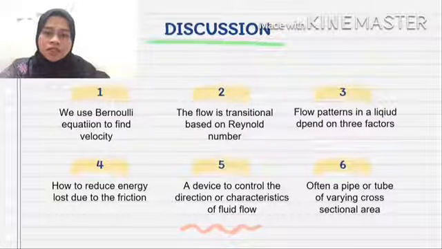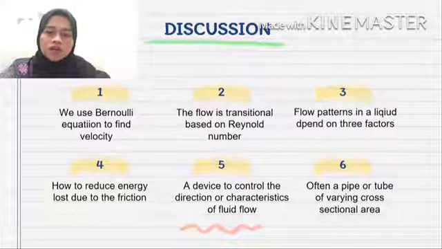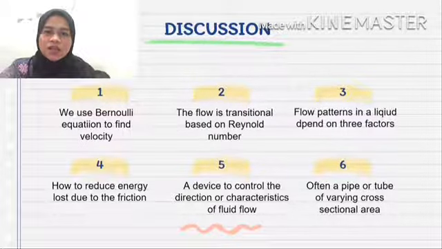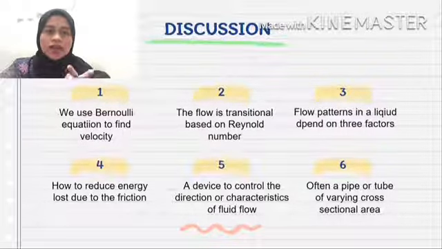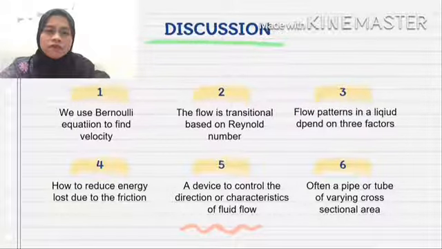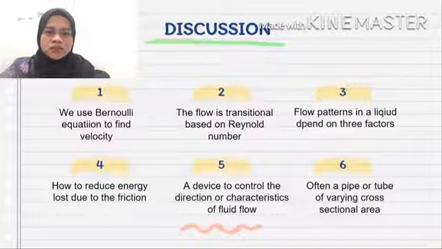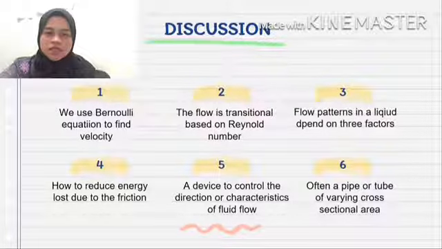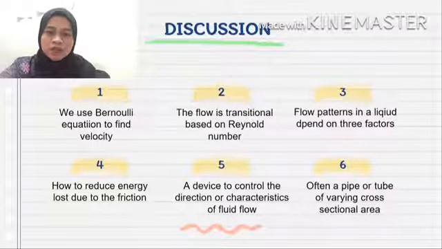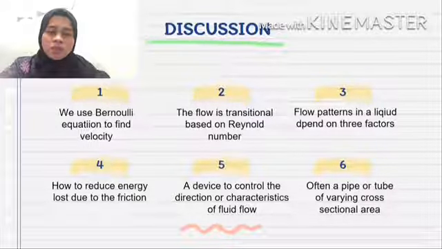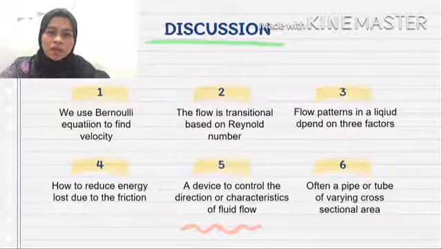Three characteristics of special importance are density, viscosity, and compressibility. Viscosity is the amount of internal friction or resistance to flow. Water, for instance, is less viscous than honey, which explains why water flows more easily than honey.